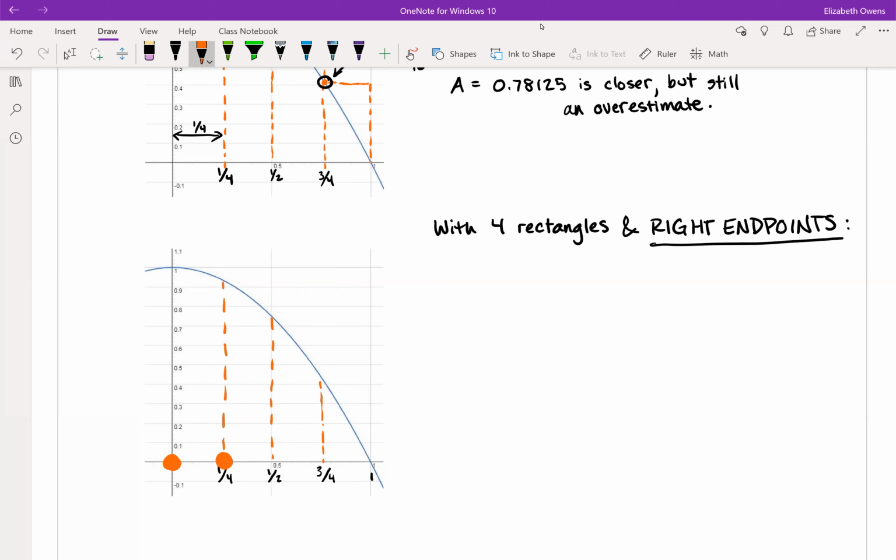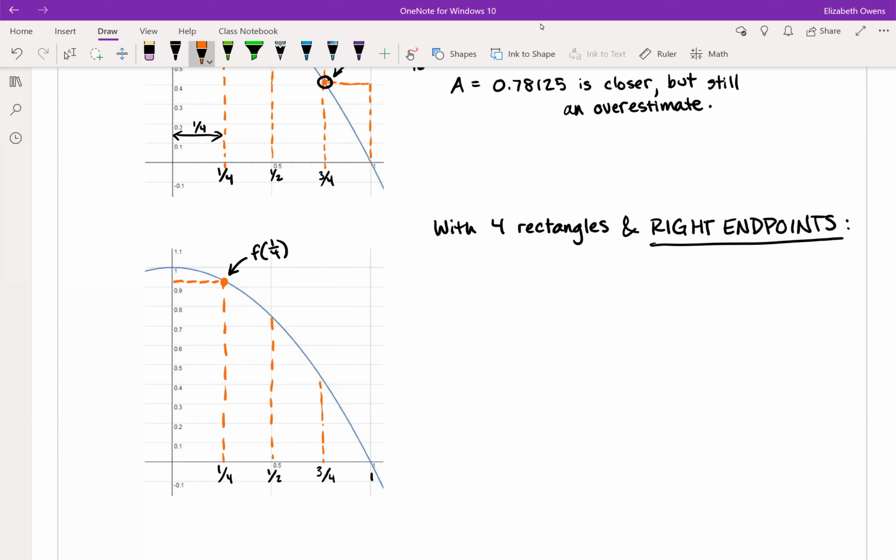If we're using the right endpoint, we are just going to focus on this guy to set the height for our first rectangle. So we're going to go up here to f of 1/4, and that is going to be the height of our first rectangle.